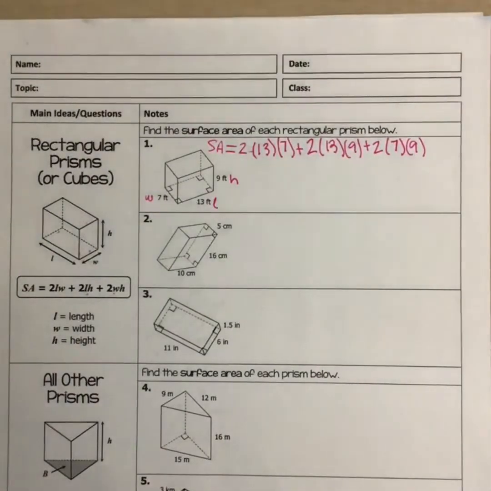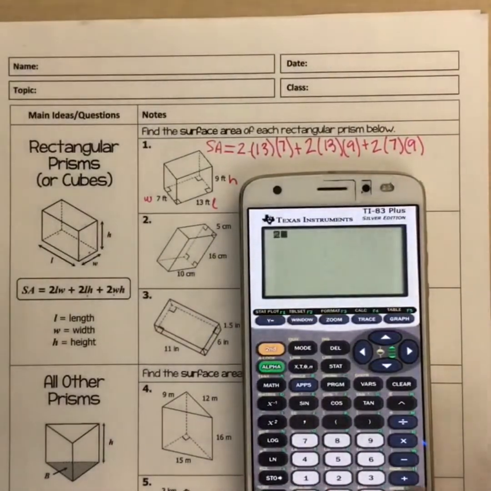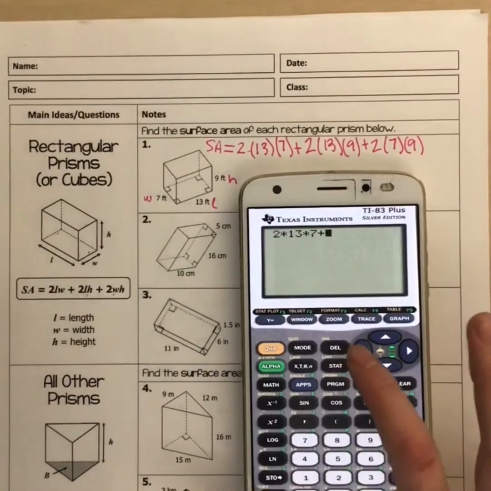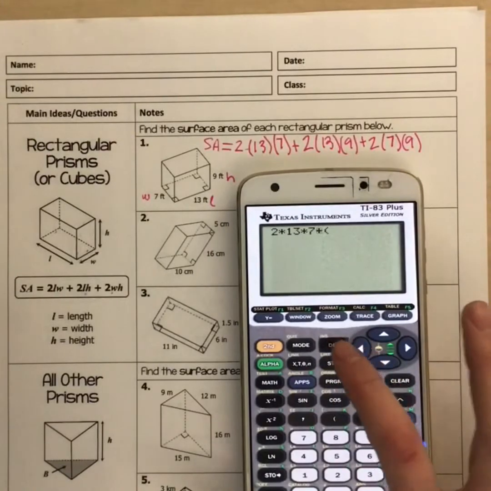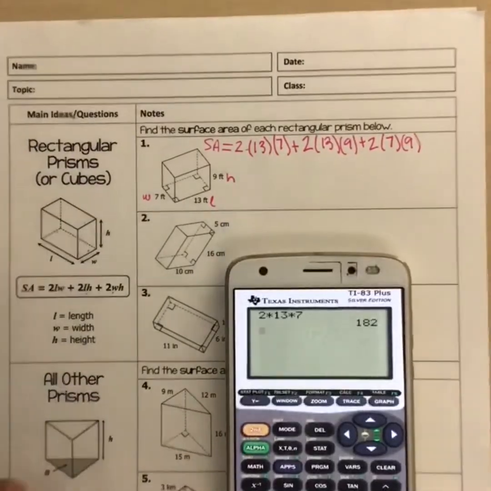So if we grab out our calculators here, there we go. Typing this all in, we'd have 2 times 13 times 7 plus, actually I think I'm going to do this in a couple of steps. All right, so we get 182 there.